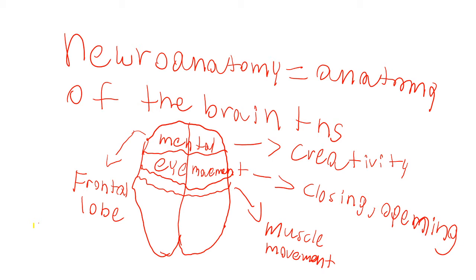Right below that, we have the parietal lobe. The parietal lobe is important in many different ways. It's a sensory area. So when someone touches you, the parietal lobe gets activated and it knows that someone's touching you.